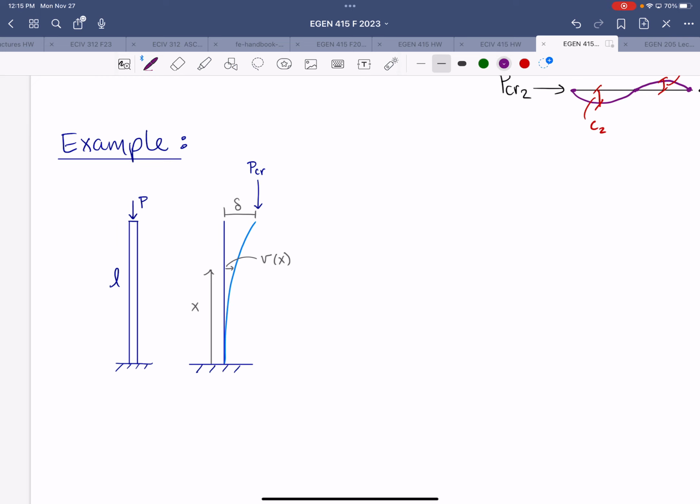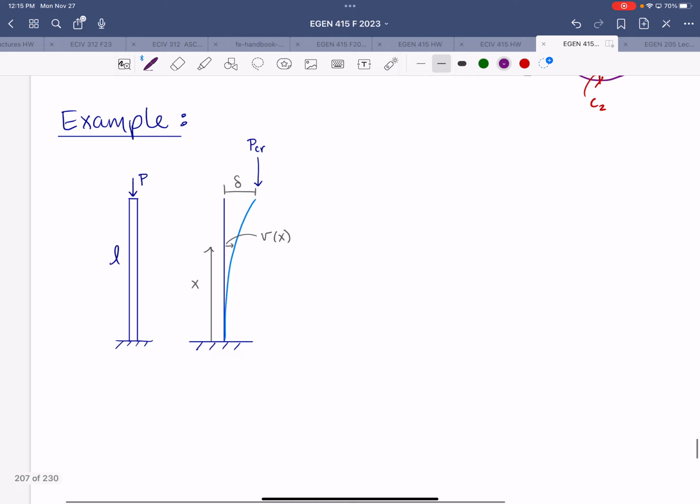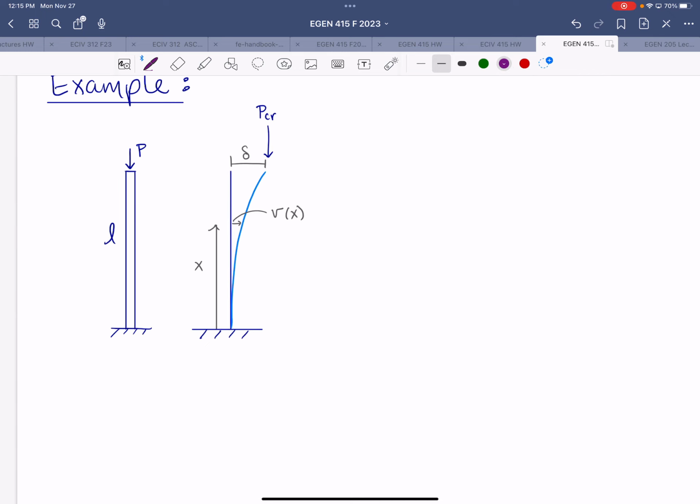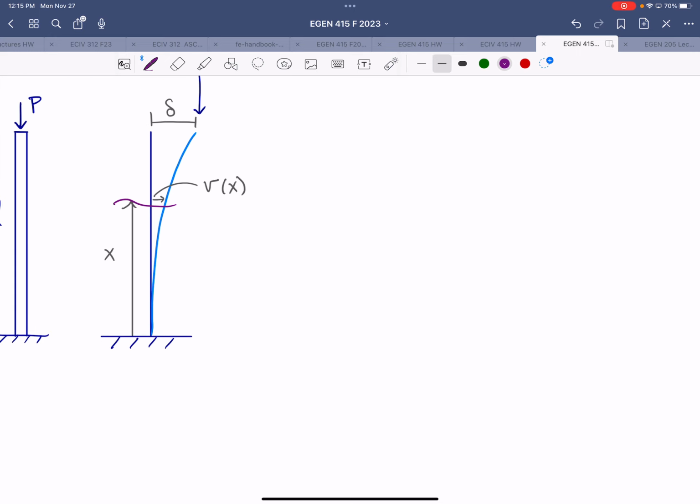So if we go on to another example with a column that is clamped at the base and free at one end, under an axial load, we consider this column can drift under that load, and that would be the buckled shape for the column. So for this scenario, we would take a cut of that column, and I'm going to sketch here.